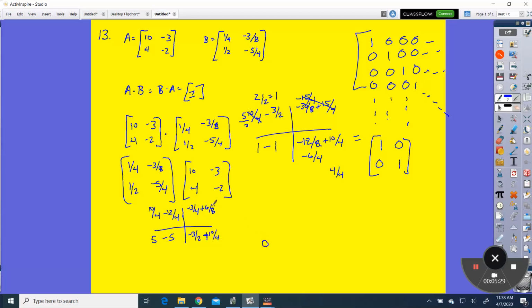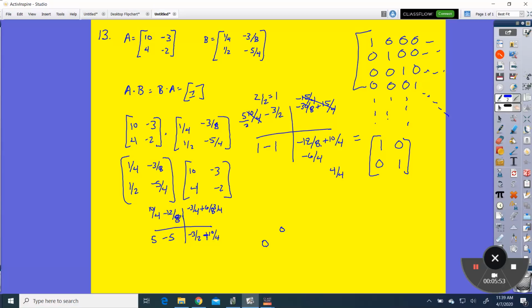If I divide each of those by 2, that becomes 3/4. That's 0. This is supposed to be 1, not 1/2. So negative 12/8. There we go.